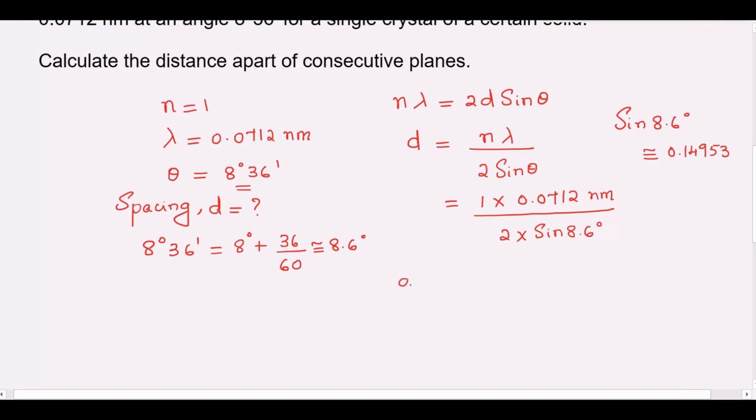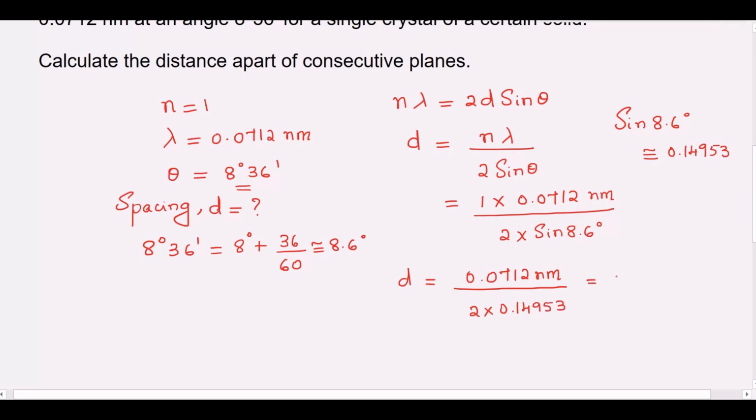So d is equal to 0.0712 nanometers divided by 2 into 0.14953.